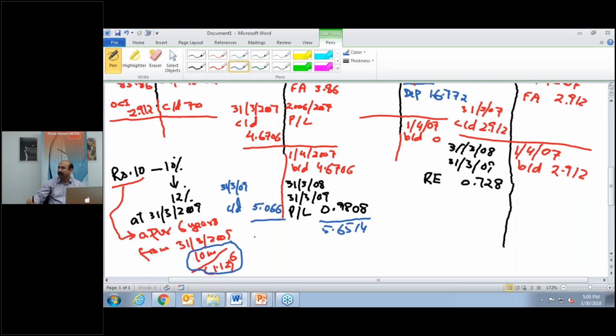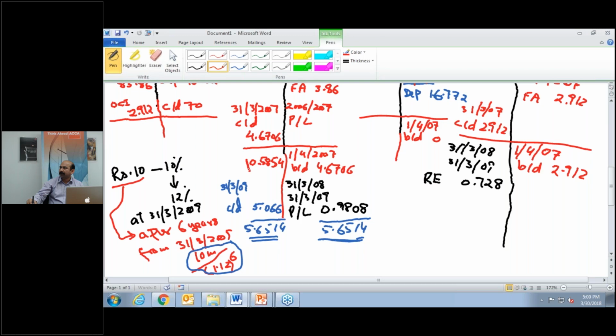So our decommissioning liability is decreasing, from 5.6514 to 5.066, by 0.5854.